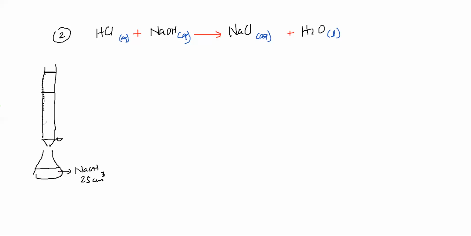So I note down the volume of acid that I added to use up the entire 25 centimeter cube here. Now assume that you had to add 23 centimeter cube of acid to react the base completely.